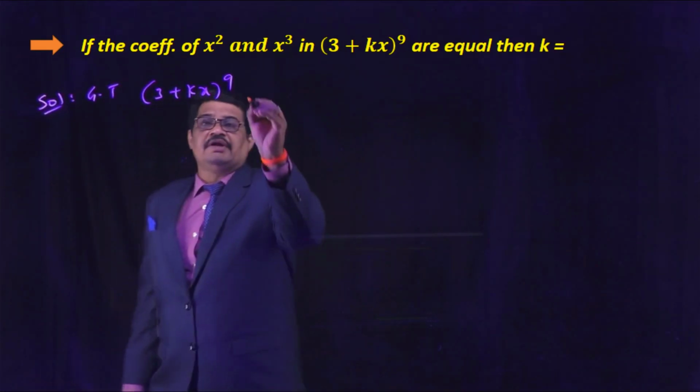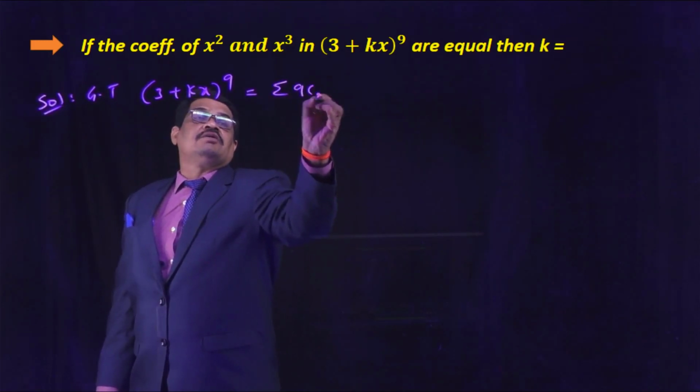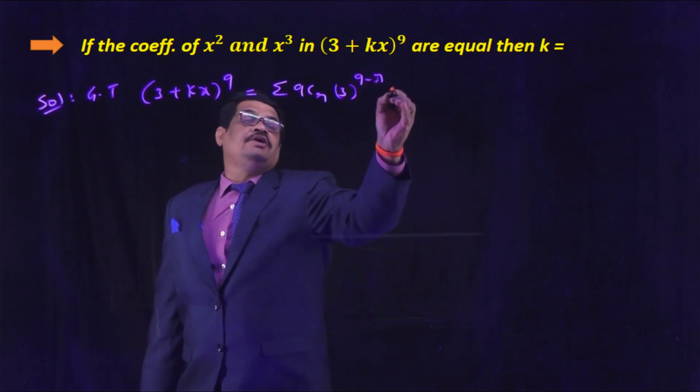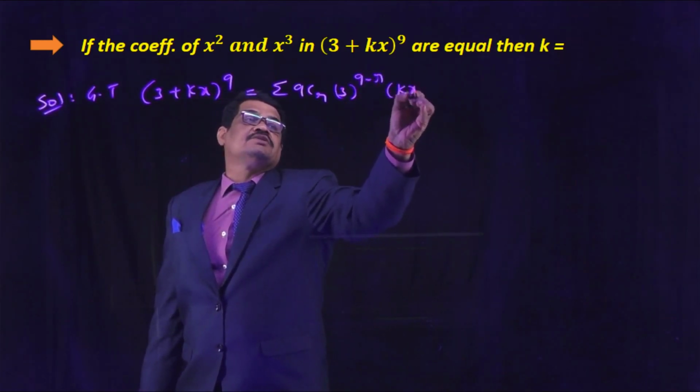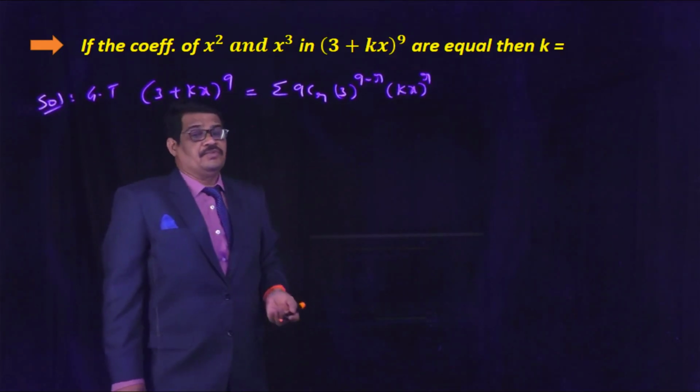Now this can be written in the sigma notation: sigma 9Cr into first term 3 to the power of 9 minus r into (kx) whole to the power of r. Now that is the expression.